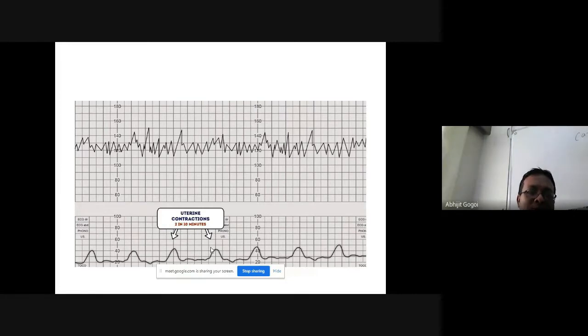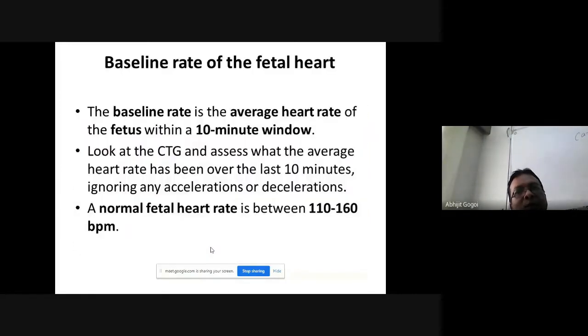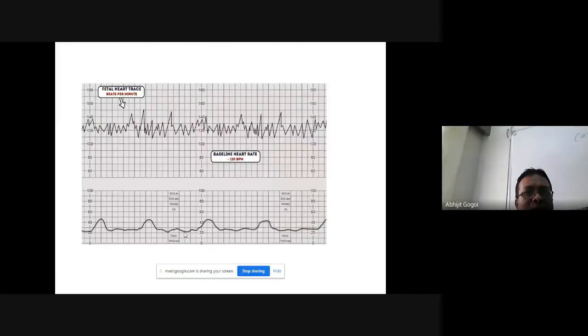Then baseline. Now we have to find the baseline of the fetal heart. Look here, these are the numbers, heart rate 60, 80, 100, 120, 140. So what will you do? You'll take the midpoint of the first reading here and draw a straight line between all these waves.